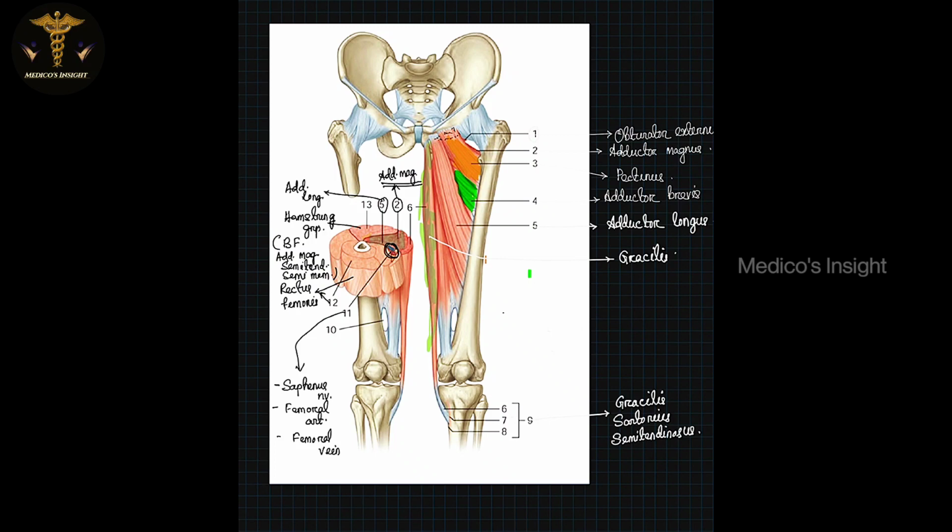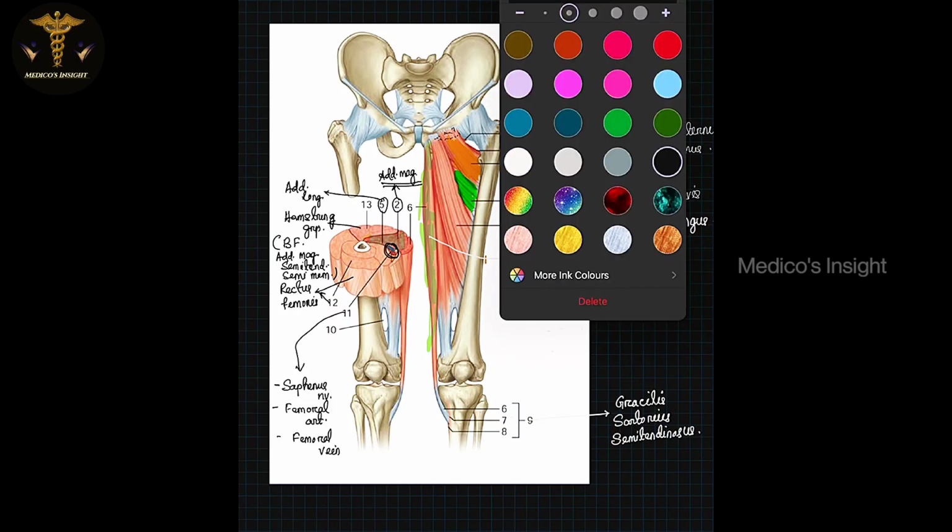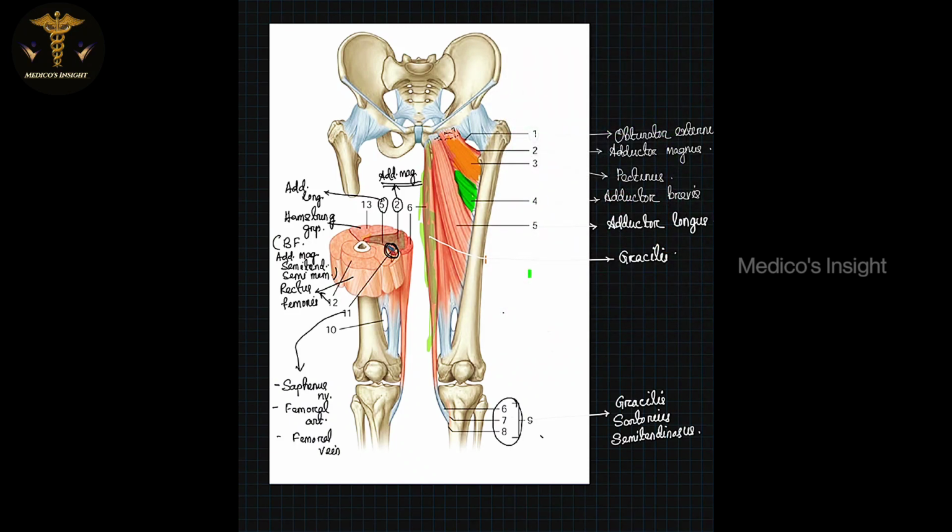Here there are three tendons attached at the medial surface of the tibia: gracilis, sartorius and semitendinosus. And the hamstring group of muscle, as I mentioned, is adductor magnus, semitendinosus, semimembranosus, and biceps femoris.